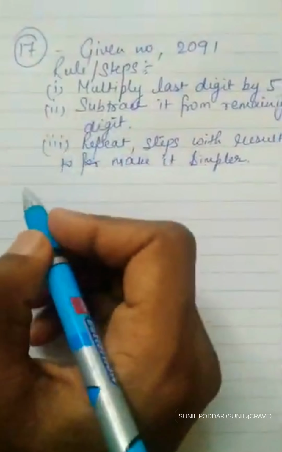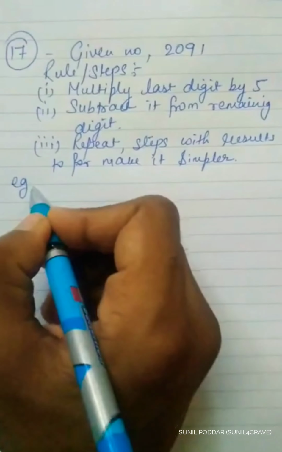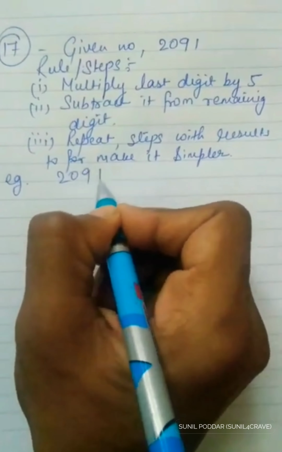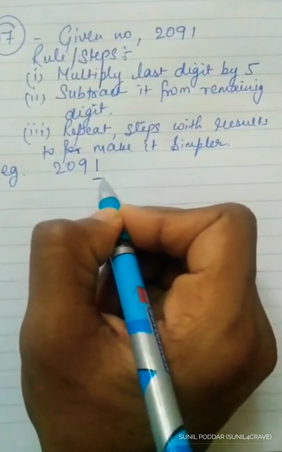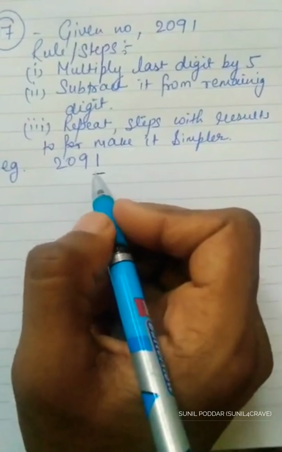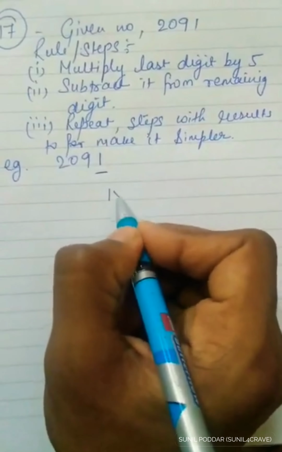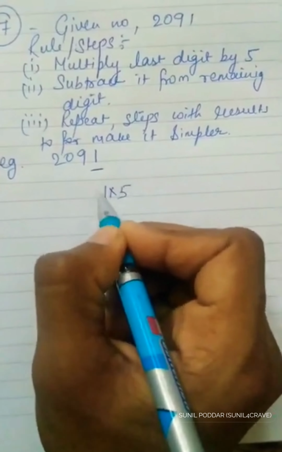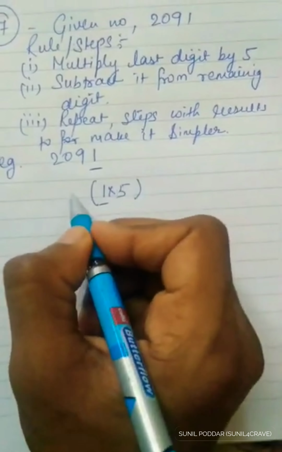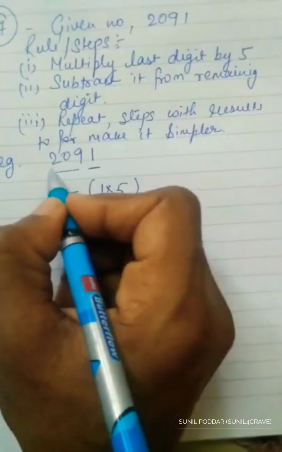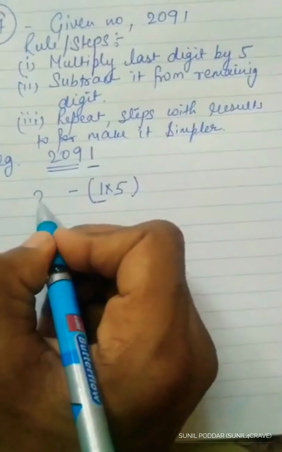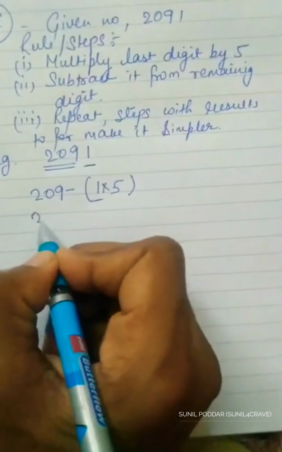So here's an example, 2091. The last digit is 1. We have to multiply it by 5 and subtract it from the remaining digits, that is 209.